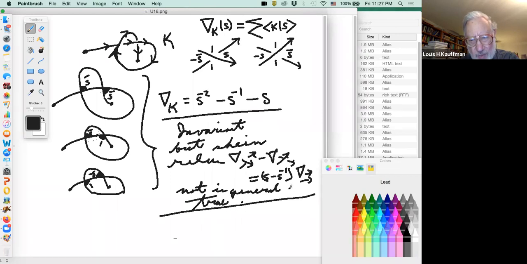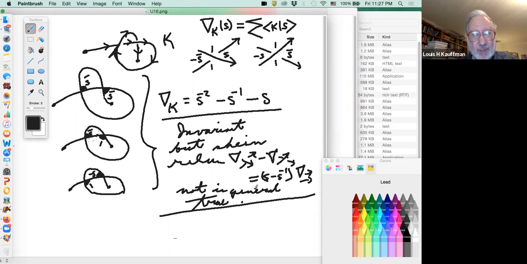That has to do with the way regions divide up in the combinatorics of it, but it nevertheless is an invariant. And in fact, the fact that the skein relation is not true leads us to have properties that the Alexander polynomial does not have.